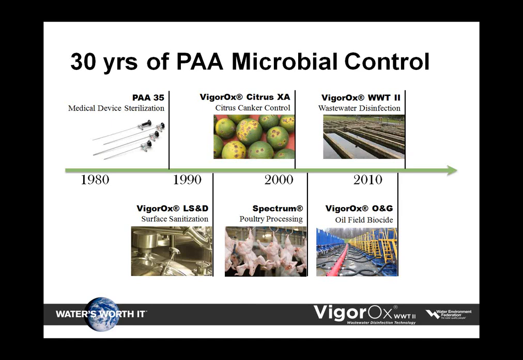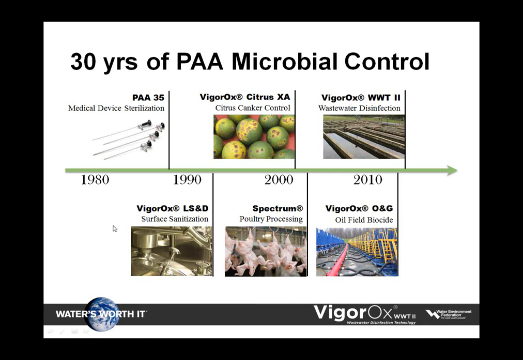Peracetic acid is capable of achieving high-level disinfection and sterilization and can kill gram-positive and gram-negative bacteria, viruses, yeast, fungi, and spores. Typical PAA concentration time dosages, known as CT values, of up to 20,000 milligram-minutes per liter may be required for sterilization, depending upon the target microorganism to be controlled.